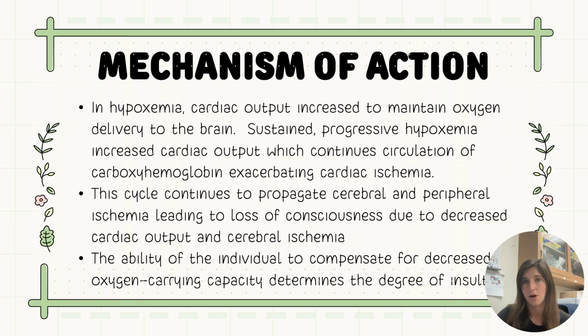decreased cardiac output, so the heart stopping, or something like a cerebral ischemia, right, which is when blood flow stops going to the brain. And this has all been identified as a strong indicator of severe toxicity, and the ability of the individual to compensate for decreased oxygen carrying capacity is determined by the degree of insult. So, again, like I just said on the last slide, people with underlying respiratory, cardiac, or vascular disease are going to develop severe manifestations of toxicity at lower concentrations than people who are healthier, right?